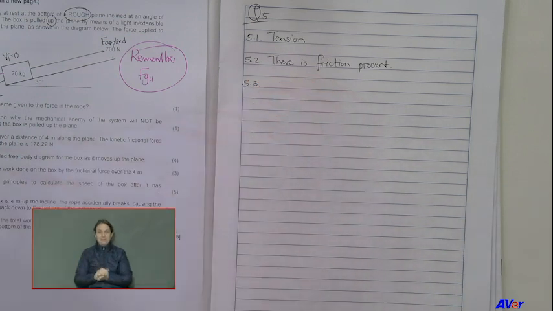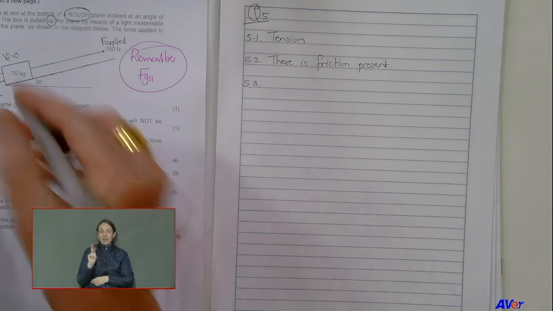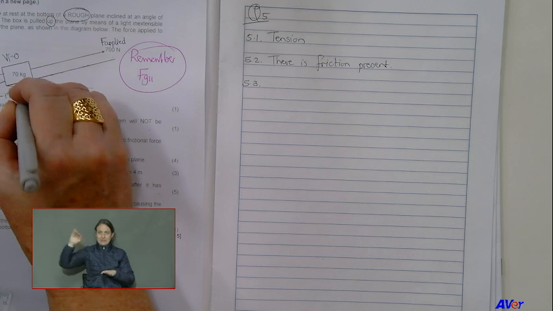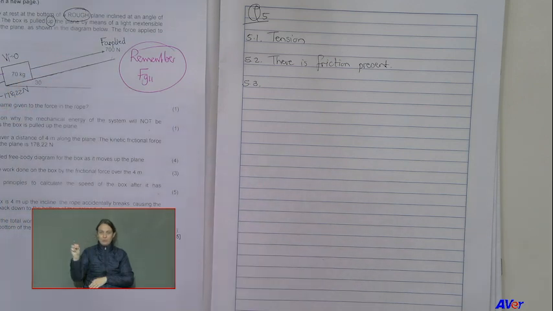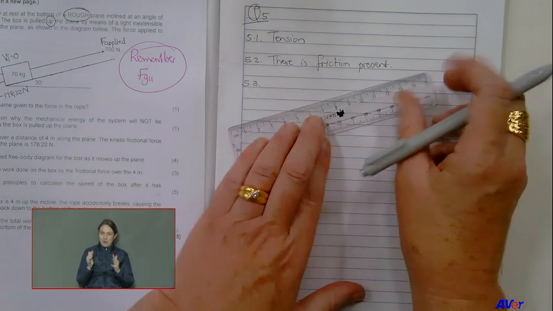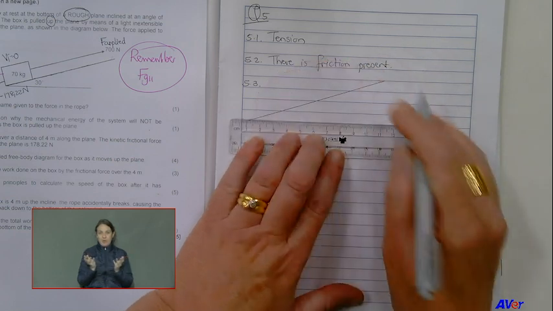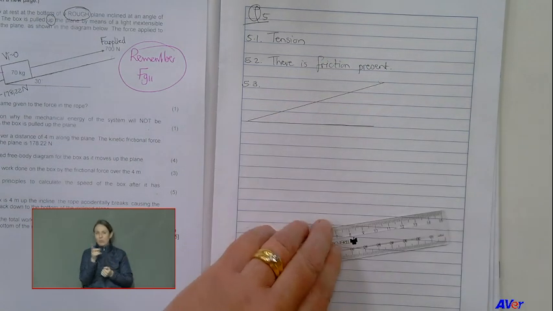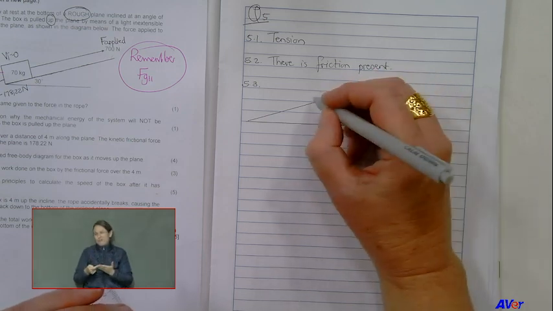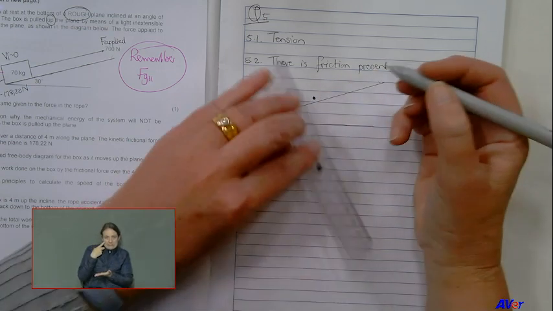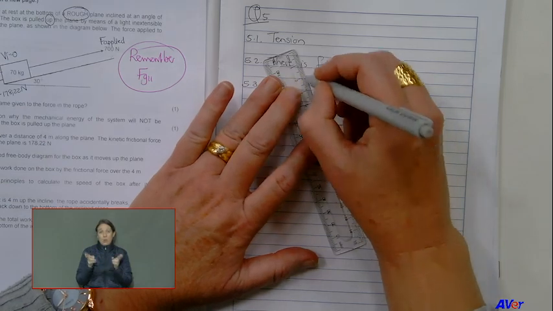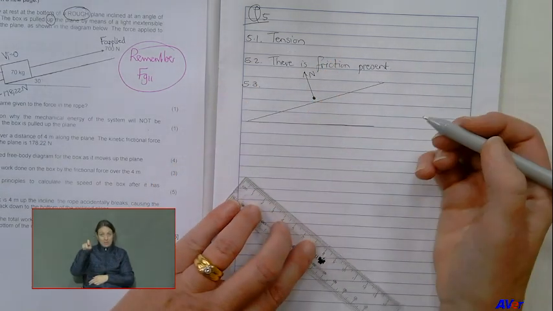Okay, 5.3. The box is pulled up over a distance of 4 meters along the plane. The kinetic frictional force between the box and the plane is 178,22 newton. Draw a labeled free body diagram for the box as it moves up the plane. You don't have to draw in the slope, it just makes it easier to see, because your normal force must be perpendicular to the plane.